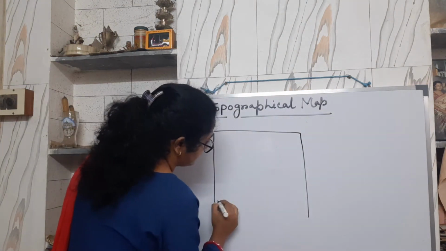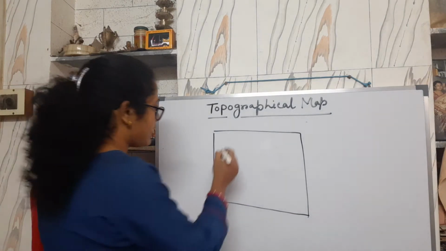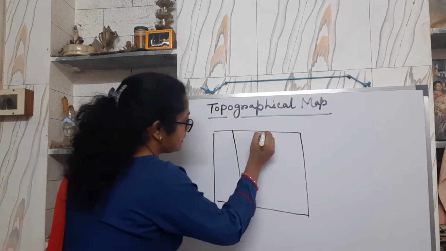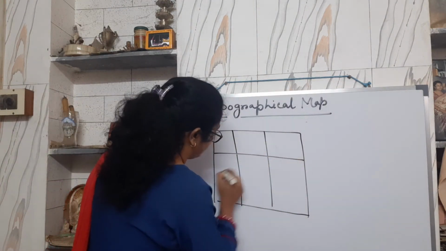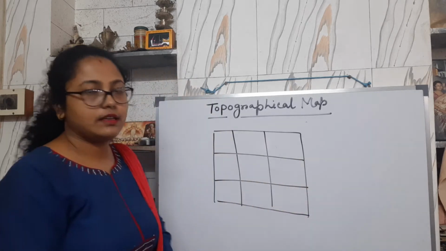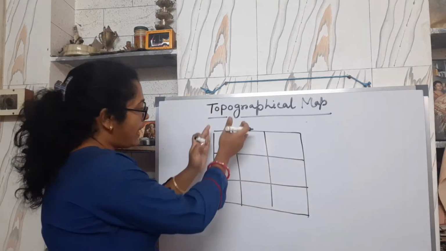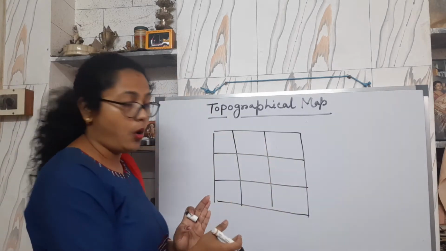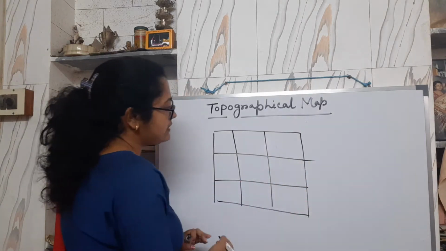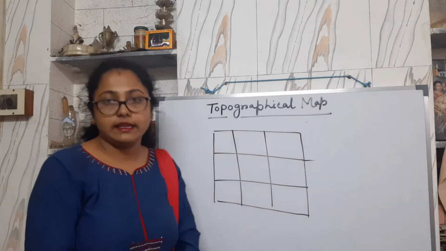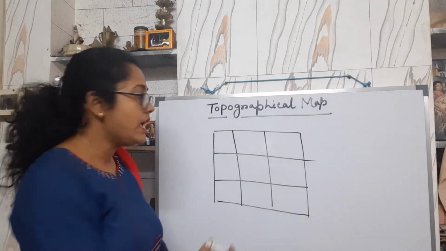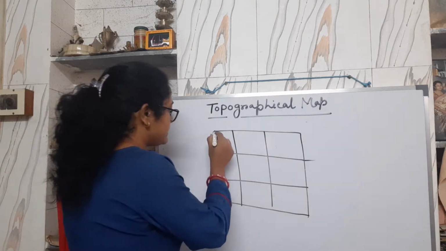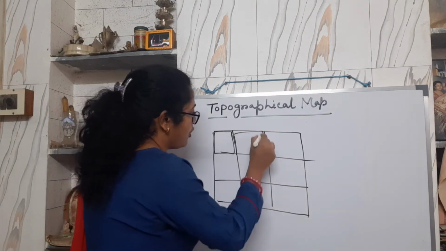Suppose this one is the topo map, and it comprises different grids which are formed by the intersection of the horizontal lines and the vertical lines, when they intersect at right angles.